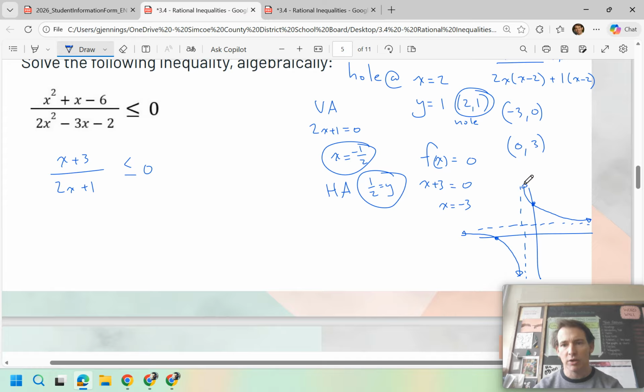But it also has a hole, so we should show our hole at (2, 1). So let's just put a hole over there so we remember that it exists. Holes are usually going to be right on the line of the function, so it just doesn't exist there.